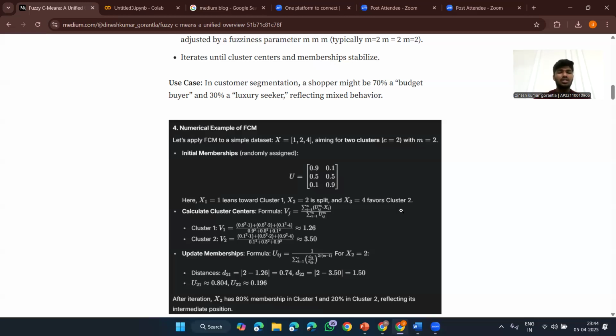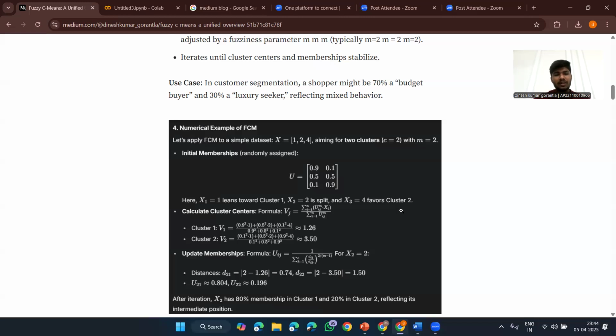Now cluster 2. V2 is equal to 0.5 square into 2 plus 0.9 square into 3, divided by 0.1 square plus 0.5 square plus 0.9 square.